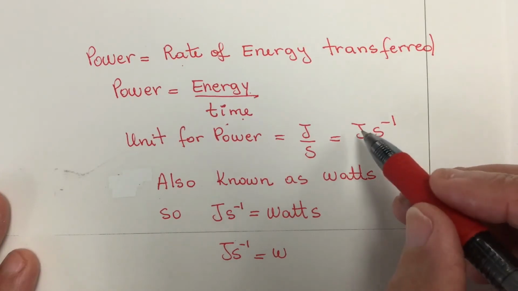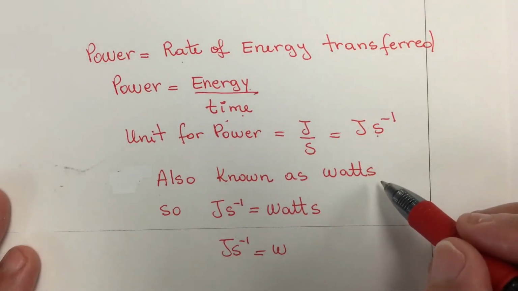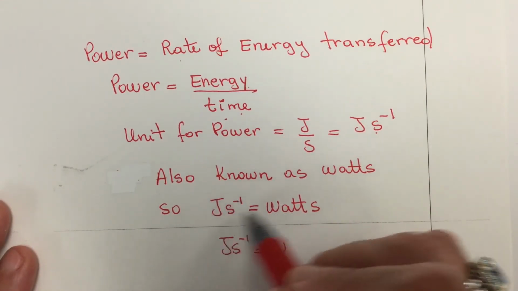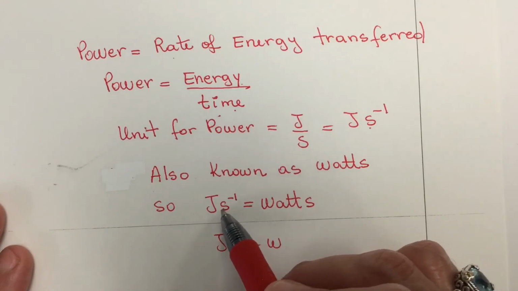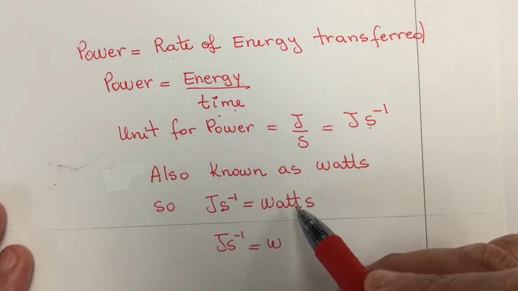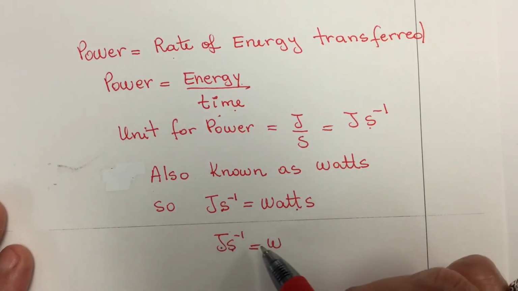Now, this unit is also known as watts. You can use just this unit, but it is most common to use watts. So joules per second is the same as watts.